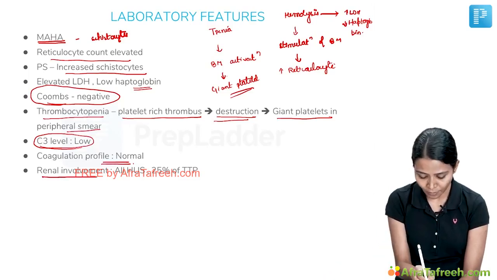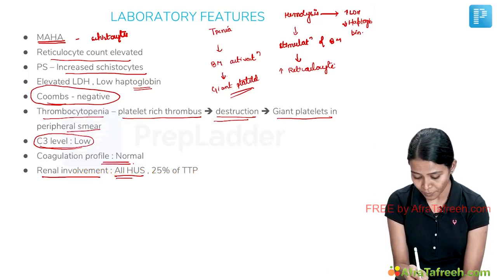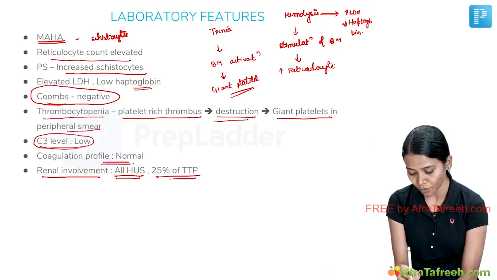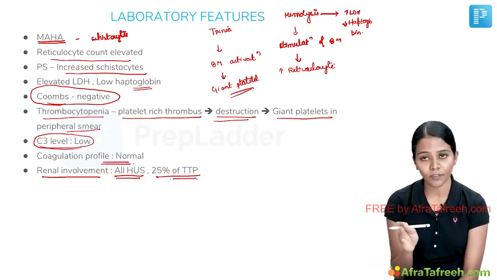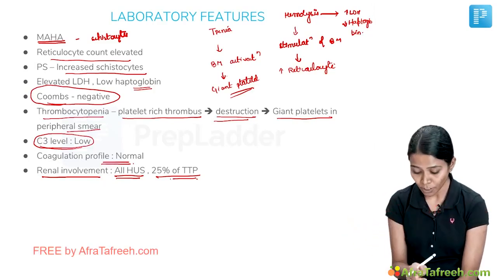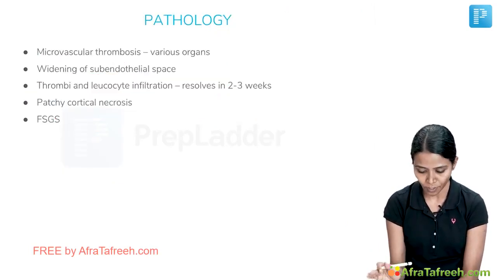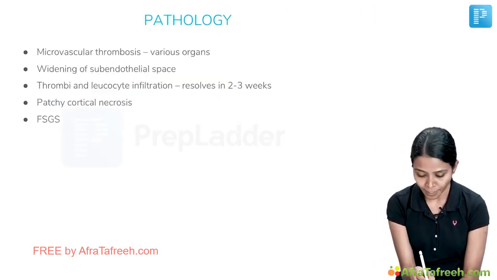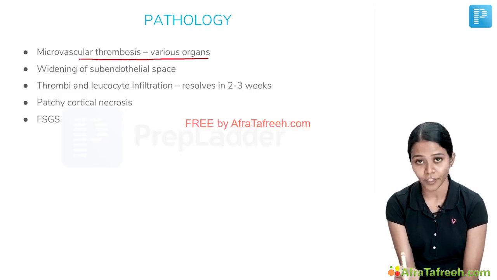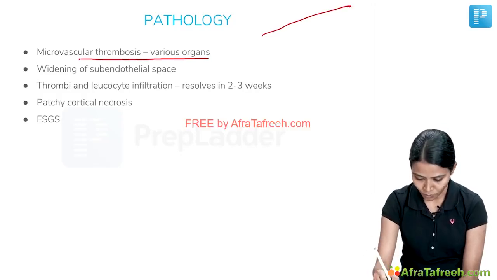Then renal involvement is seen in all patients with HUS and only 25% of TTP. So, kidney involvement is seen in almost all patients of HUS, whereas only 25% of patients of TTP have kidney involvement. Okay. Now coming to pathology, there is microvascular thrombosis of various organs. Okay. So various organs, there is thrombosis.